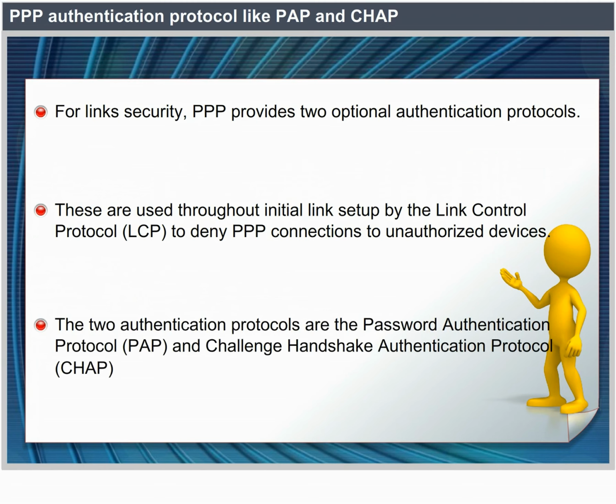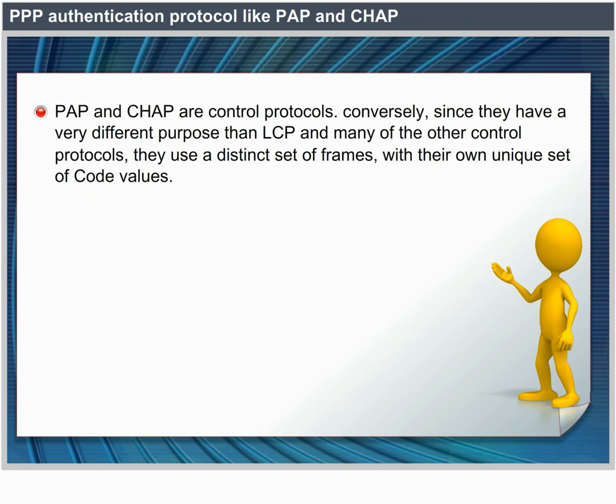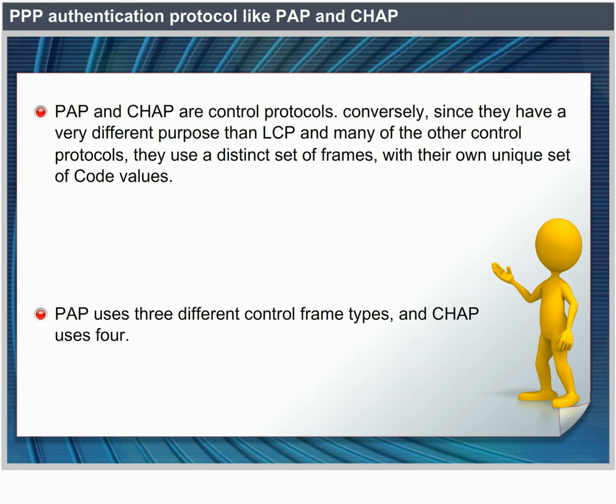PAP and CHAP are control protocols. However, since they have a very different purpose than LCP and many of the other control protocols, they use a distinct set of frames with their own unique set of code values. PAP uses 3 different control frame types and CHAP uses 4.